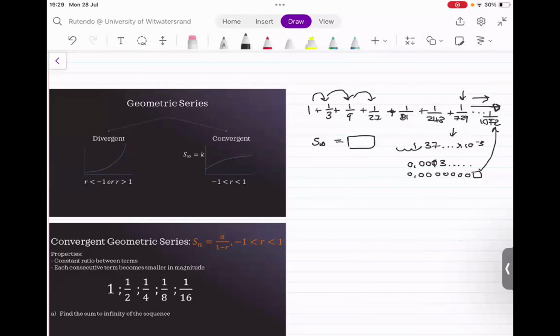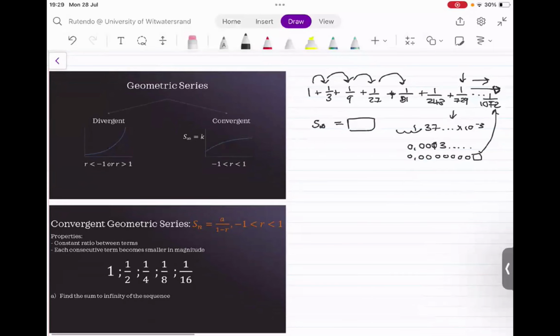We know that geometric series and sequences is where you multiply by a certain number each time.